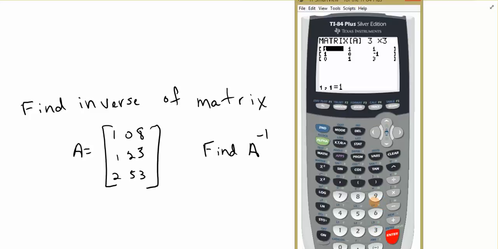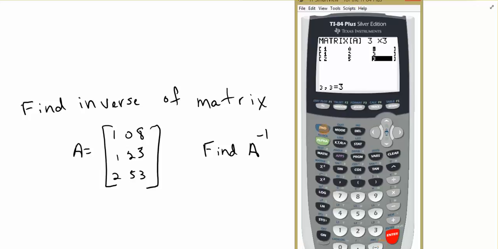All right, and then we've got 1, 0, 8, 1, 2, 3, 2, 5, 3. All right, and I'm really bad about putting them in on this little emulator, so I always have to check and see if I've got it in right. Okay, do we all have it in?